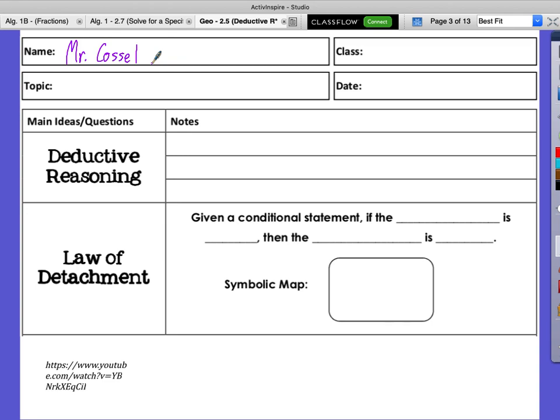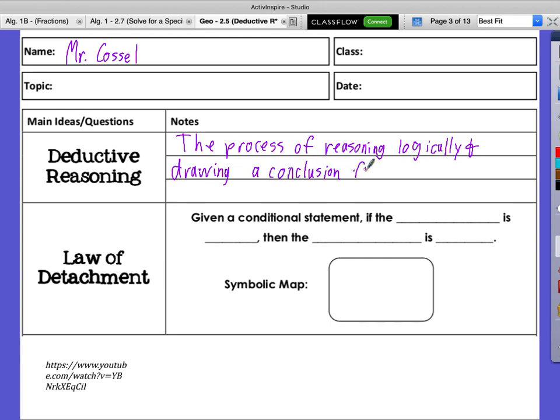I'm going to go ahead and start. Deductive reasoning: the process of reasoning logically and drawing a conclusion from given facts and statements.